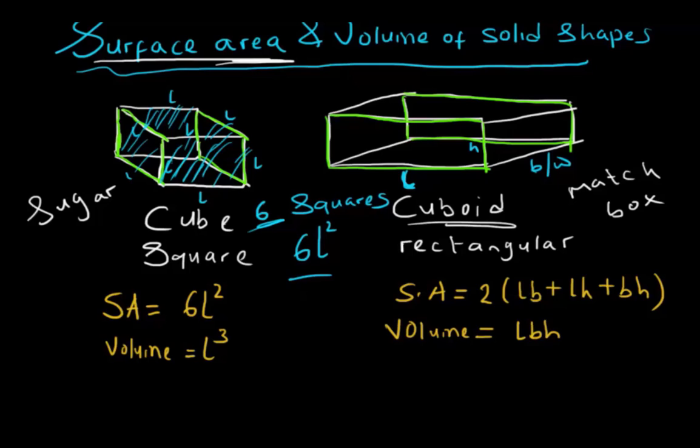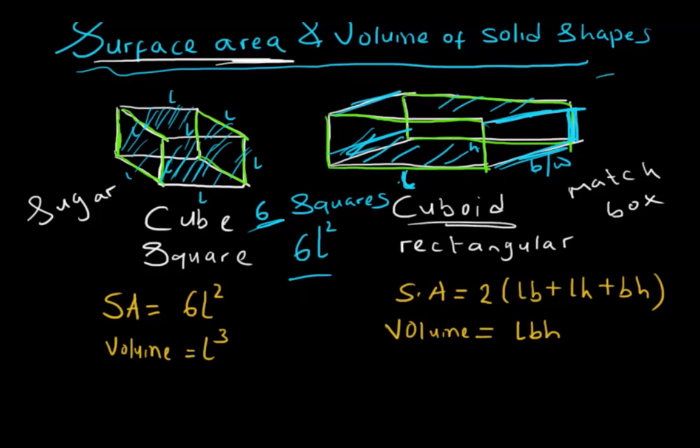So bottom and top, I have both length and width or breadth. Then this side, and the side behind it, I have both height and length. Then this other side here, and this side beside, we have the height and breadth or width.